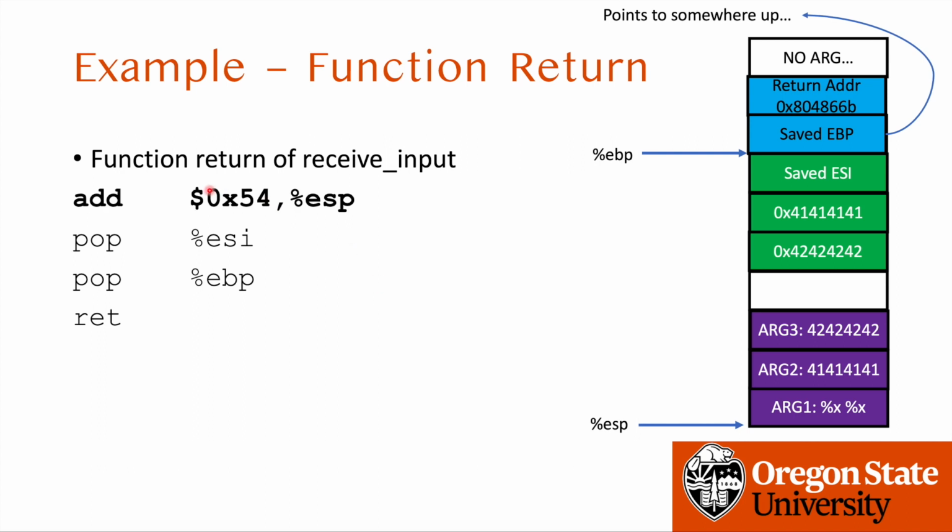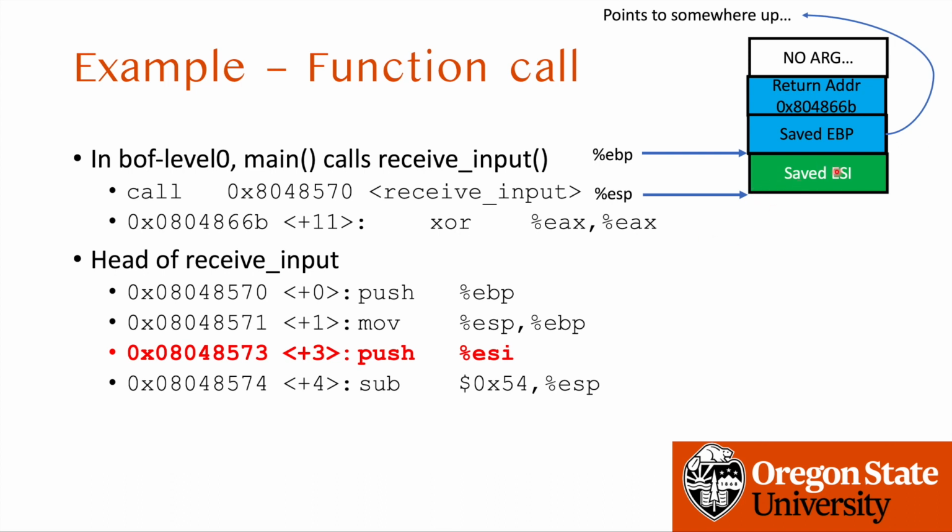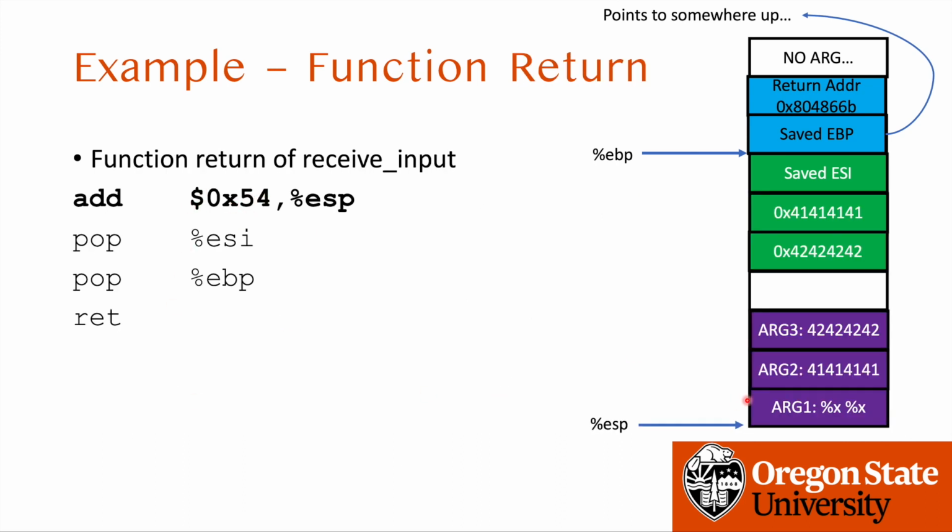The first instruction is to add 0x54 to ESP, and this will simply restore the ESP right at the saved ESI location, because we stored the saved ESI before running sub ESP, 0x54. So this 0x54 should be matched with this add 0x54 to restore the ESP value exactly at the point right before we subtracted the value.